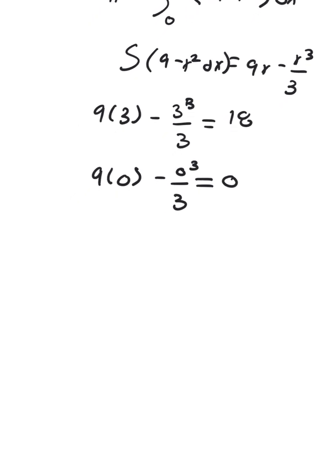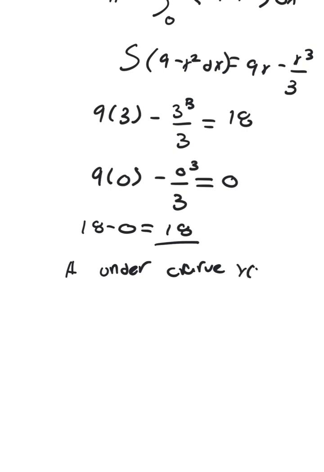So to find the total area, you subtract these two. So 18 minus 0 is obviously going to equal 18. So the area under the curve y equals 9 minus x squared is 18.